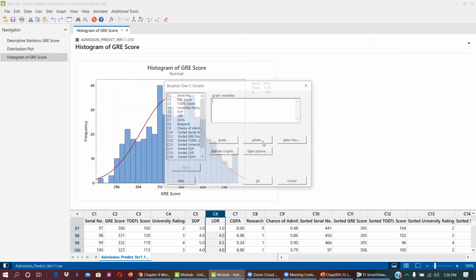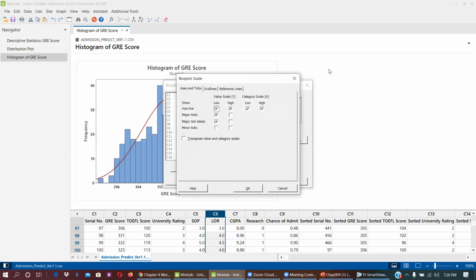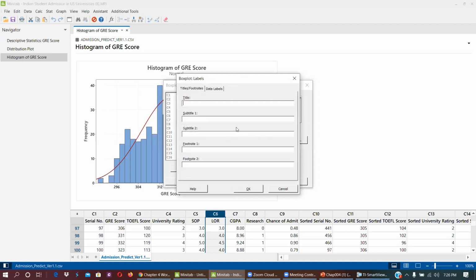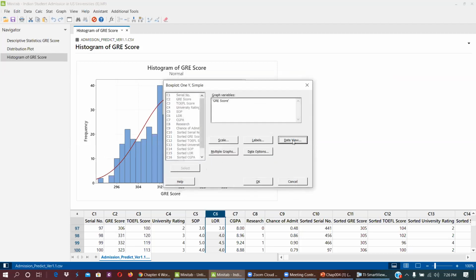And I'm going to use the GRE score again, with scale and labels. Let me put the data levels, outlier, medians, data value. Multiple graph we are not using, data option we are not using.